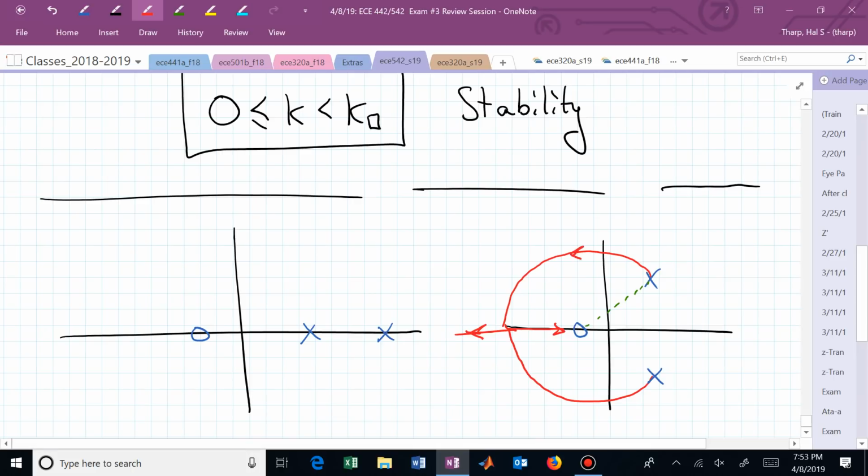There is no breakaway, but there is a reentry. And you could find that reentry point by finding the radius between the center of that circle, which is the location of the 0, and one of those poles. Those poles are complex conjugates. You just need to find that radius. That radius now is to the left in distance from that 0, and that will give you the re-entry point.